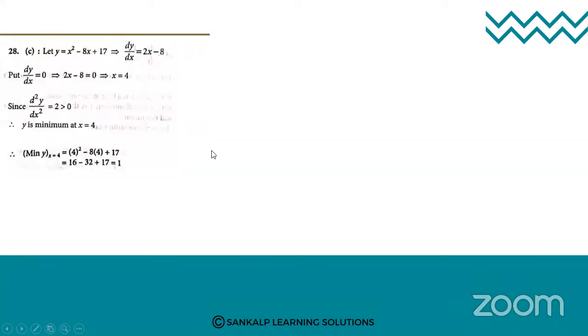We get x is equal to 4, and x is equal to 4 we need to substitute in the main equation. If you substitute x is equal to 4 here, you will get the minimum value. So minimum value will be equal to 1.